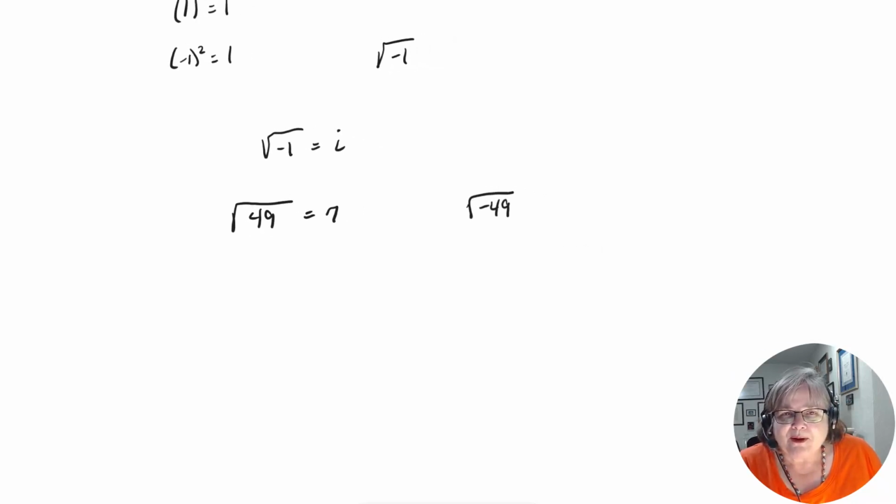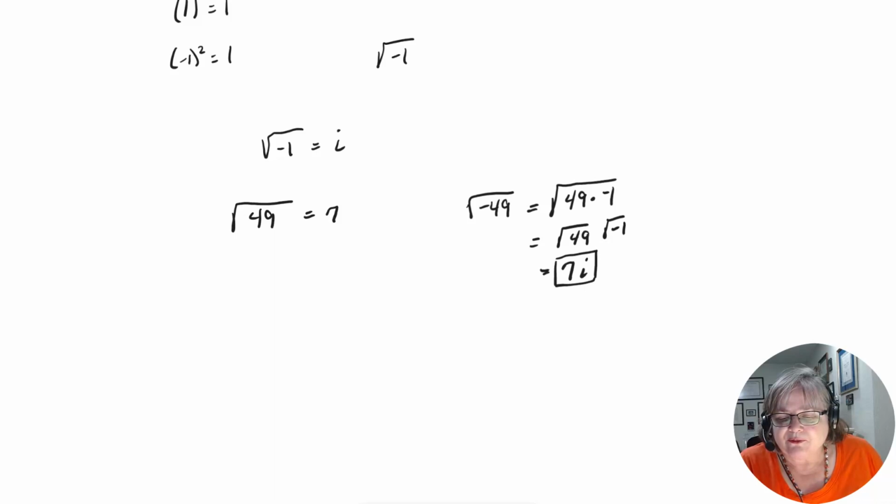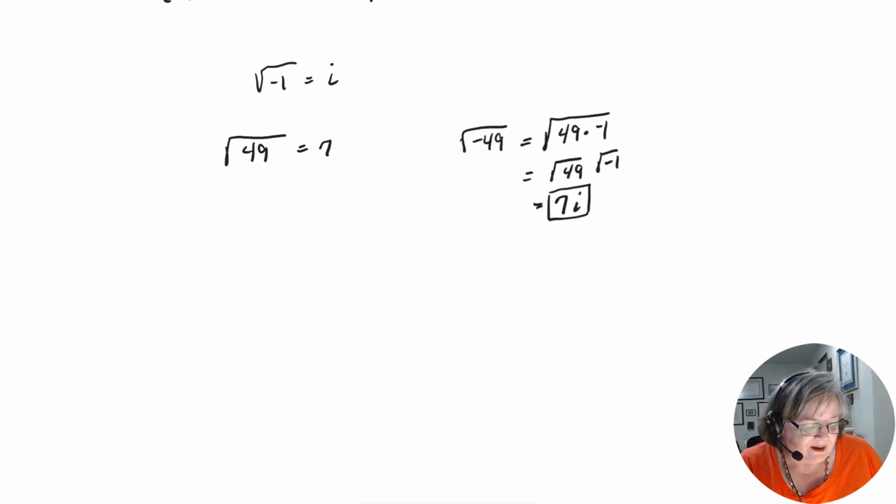What do you multiply by itself to get -49? Nothing. But we can think of this as 49 times a -1. And the square root of 49, we know, is 7. And the square root of -1, by definition, is an i. So the square root of -49 is 7i.